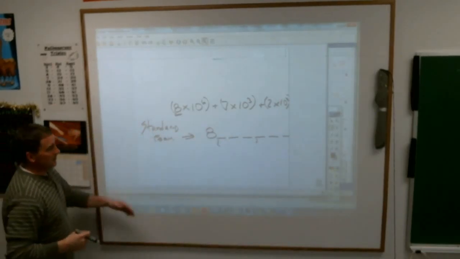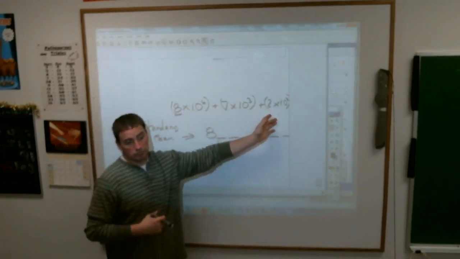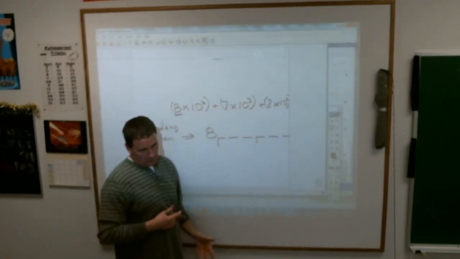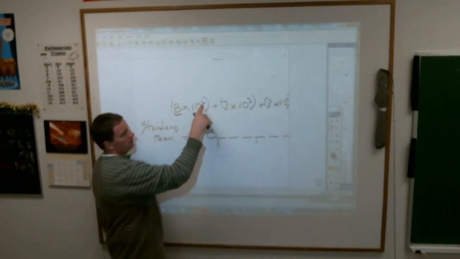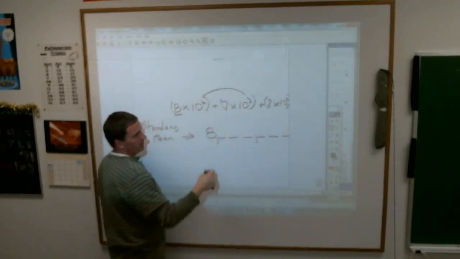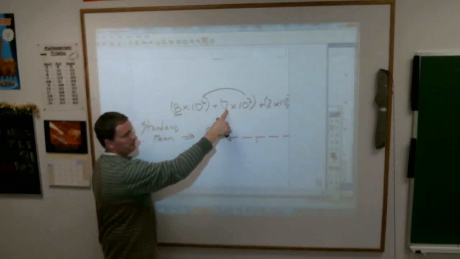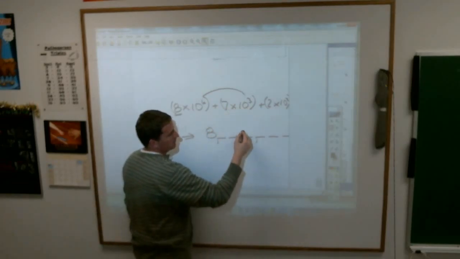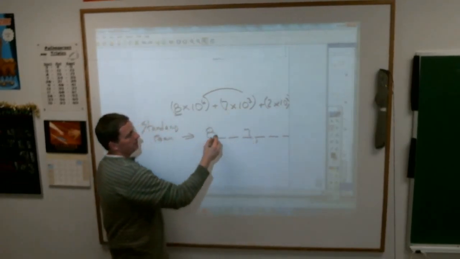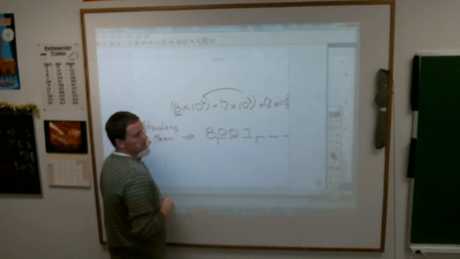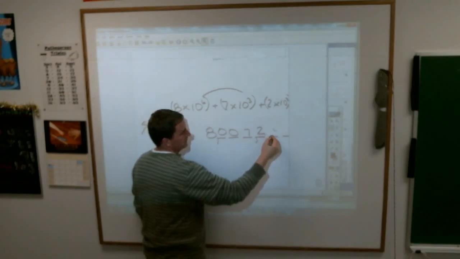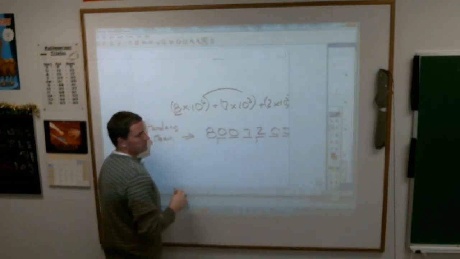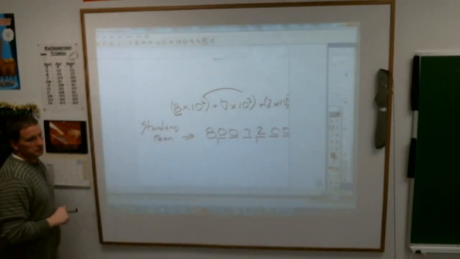Because a lot of times I'll see somebody write 872, and I'm like, well, that can't be right. This goes all the way from the 6th power down to the 3rd power. This 7 has to have 3 digits after it, so the 7 has to be there. The rest of these have to get zeros. The 2 has to be followed by 2 digits, so it has to be there, and the rest of those are zeros.